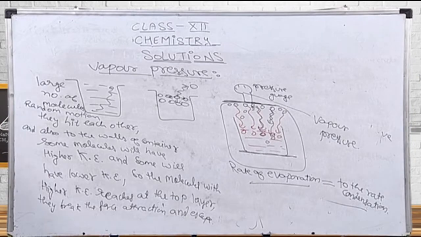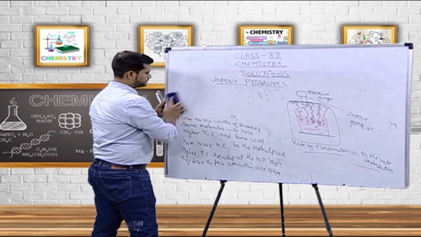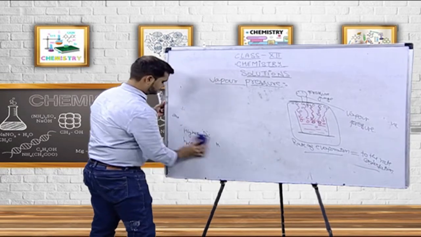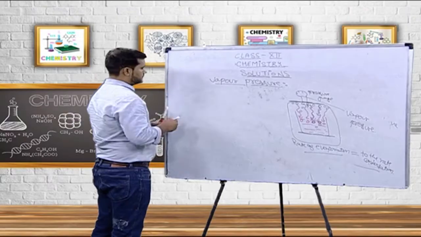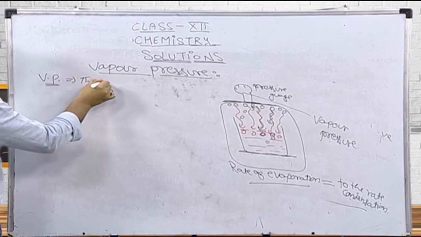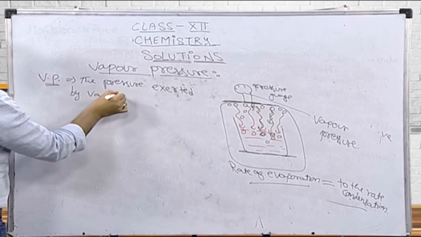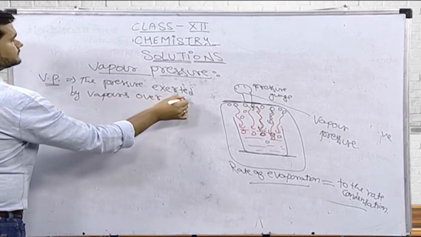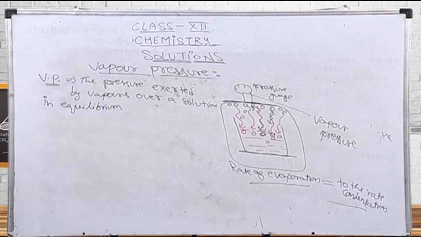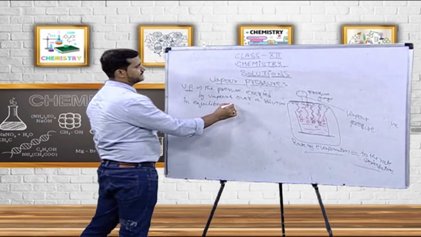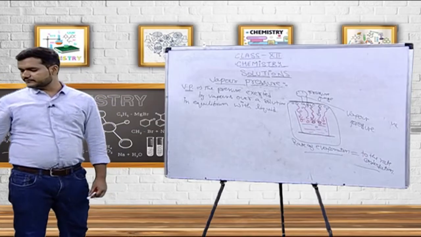So we can define vapor pressure: VP is vapor pressure, the pressure exerted by vapors over a solution in equilibrium with liquid at a given temperature.